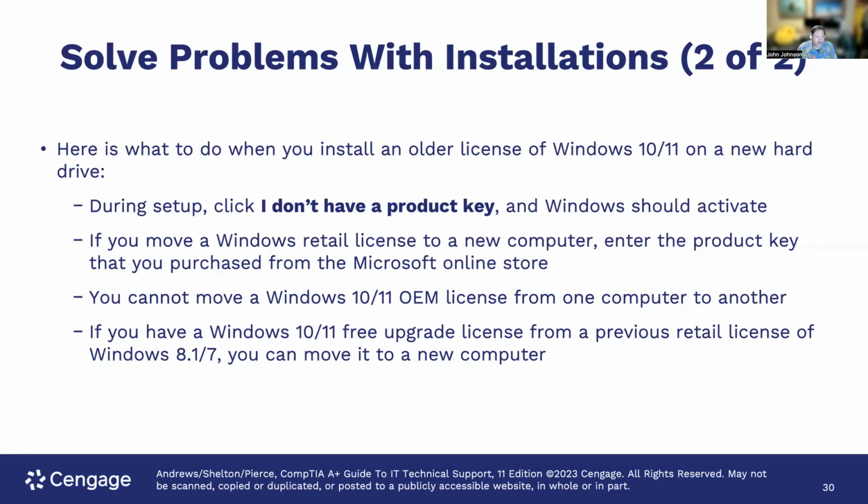They're tied to hardware, so you're not going to be able to do that. That's a pain because, you know, what happens if you lose a motherboard? What happens if you lose something and you're going to have to upgrade? That's a bit of a pain. So if you have a Windows 10, 11 free upgrade license from a previous retail license of Windows 8.1 or 7, you can move that to a new computer. So that's nice.